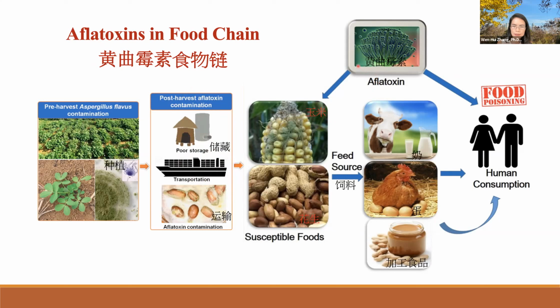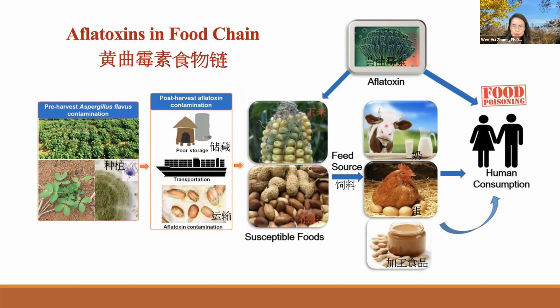So aflatoxins, like in corn, that's very common, and peanuts. These two are the most susceptible foods that we tend to eat a lot. And the corn can also be used as animal feed.